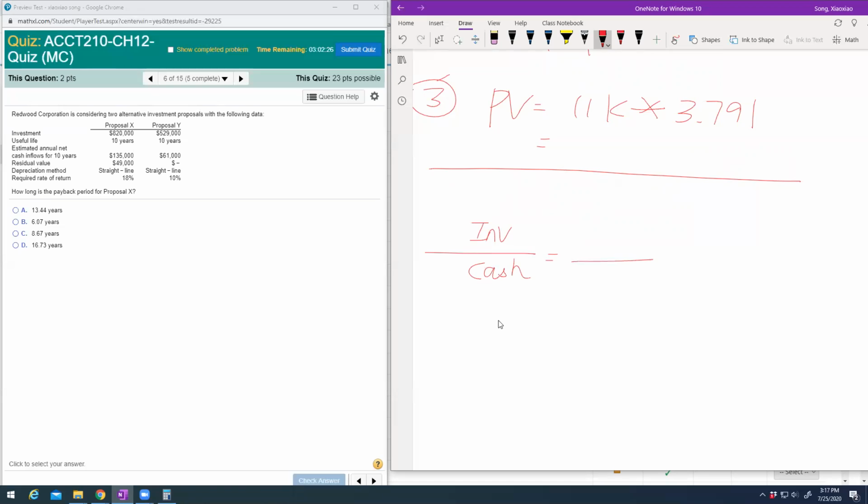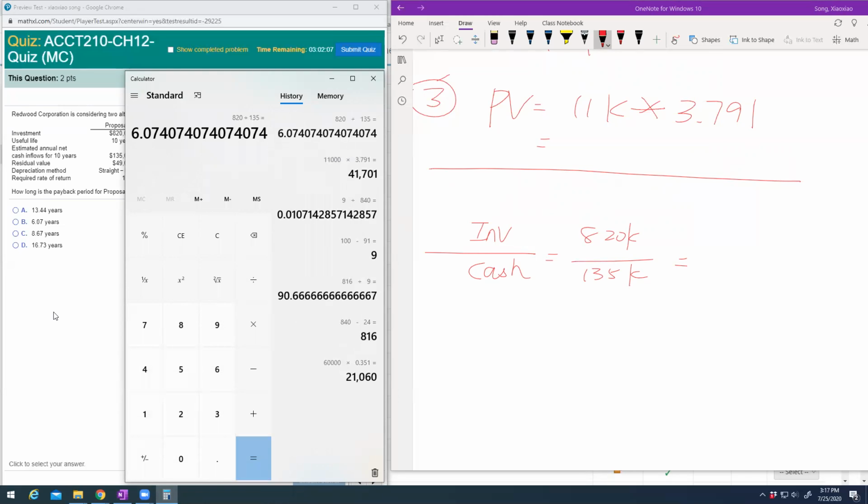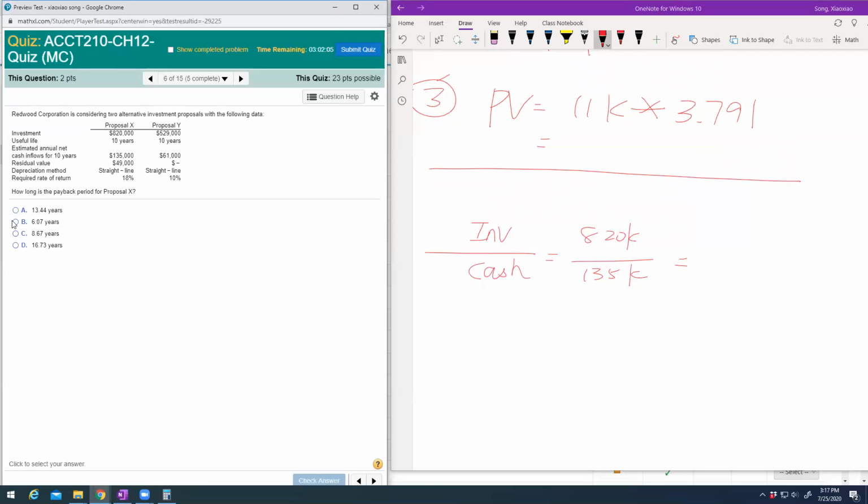You will invest 820,000, but every year you get 135,000. That's it. You don't worry about residual or anything else. So how many years until you get your 820 back? We just divide by 135, which gives me 6.07. Oh yeah, I'm right.